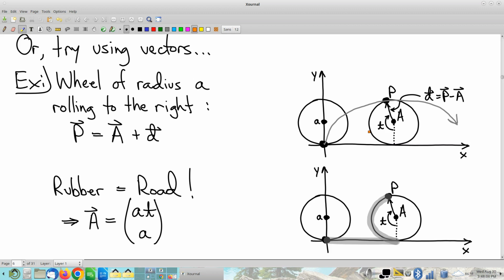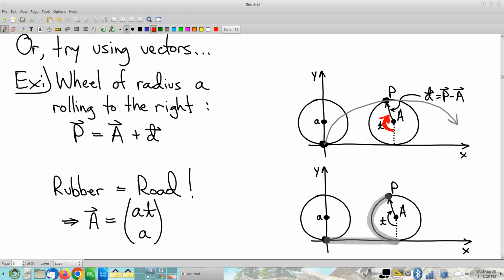That would be a reasonable choice for your parameter. Various other choices you can make. I'm going to choose, as you'll see in this picture, this angle as drawn there, namely measured clockwise from the downward direction.